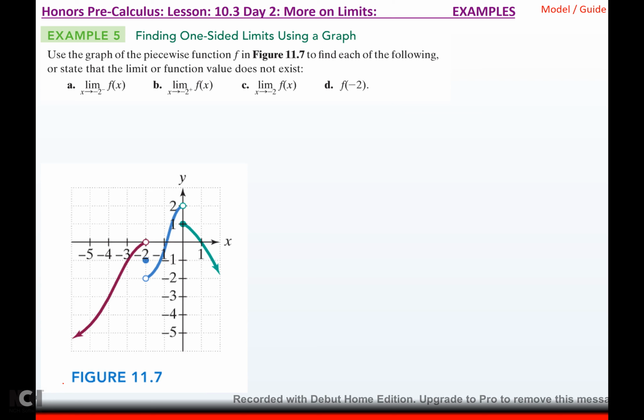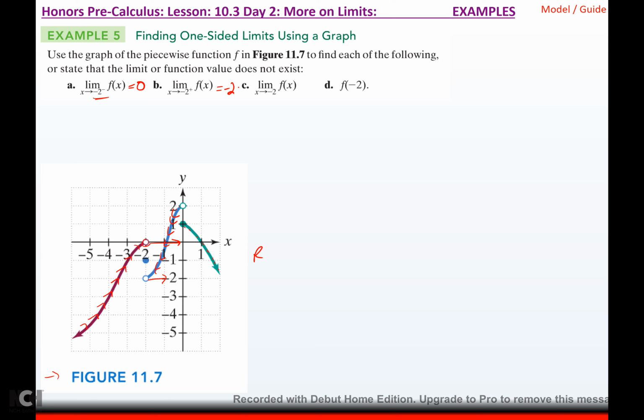Alright, use the graph of the piecewise function to find each of the following. They want me to find the limit as x approaches -2 from the left. So I'm coming from this way, and I'm getting closer and closer to -2, and that gets closer and closer to 0. If I approach -2 from the right, I'm coming from this way, follow, follow, follow. As I'm getting closer and closer to -2, that's -2.